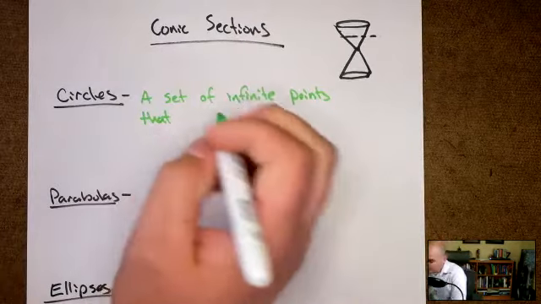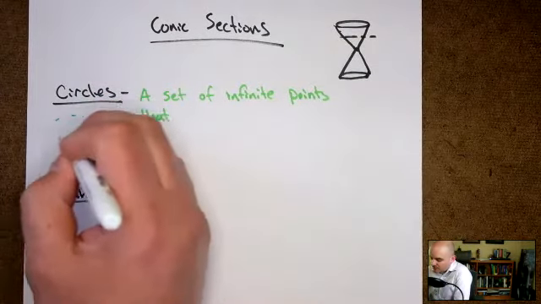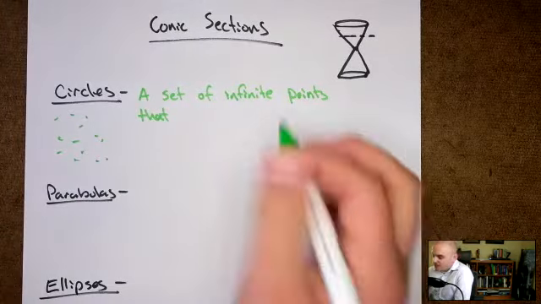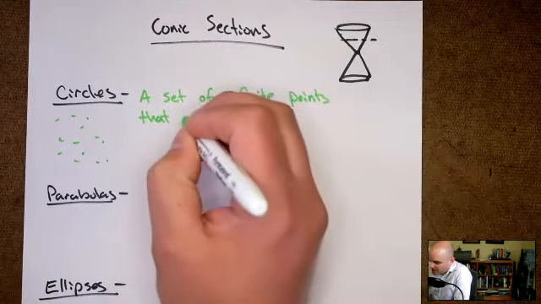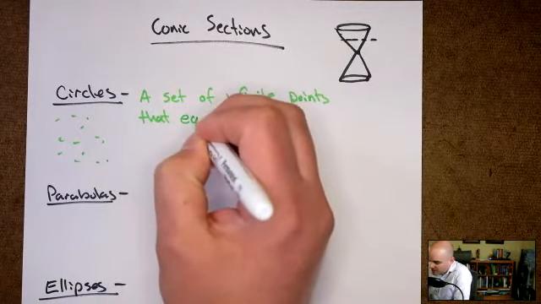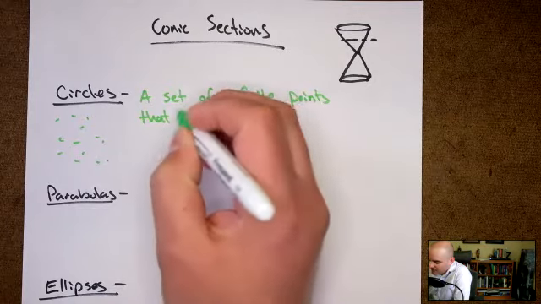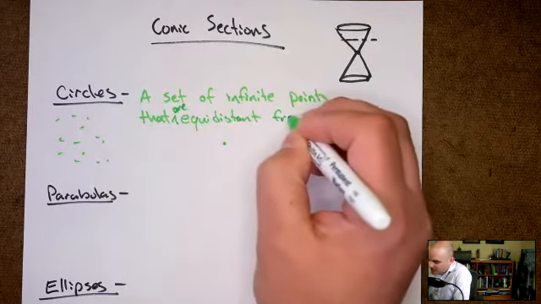And so it's a set of infinite points. Imagine just drawing a bunch of infinite points in here. That doesn't really do me any good. What we want are an infinite amount of points that are the same distance away from a central point, or a better way to say same distance is to use the math word equidistant. A circle is a set of infinite points that are equidistant from a center point.